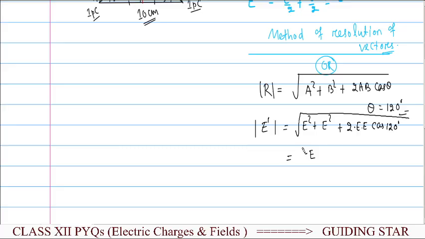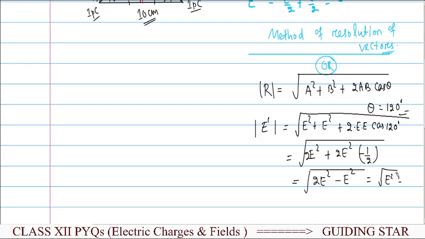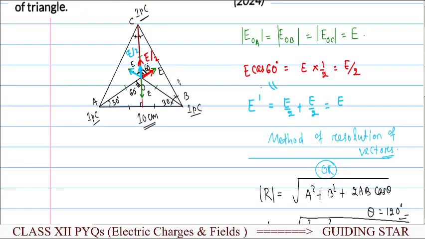It will be 2E square plus 2E square cos 120. Cos 120 is minus 1 by 2. So 2E square minus 2E square by 2, and so it will be the root of E square, which is equal to E. So the resultant of these two has to be E itself.